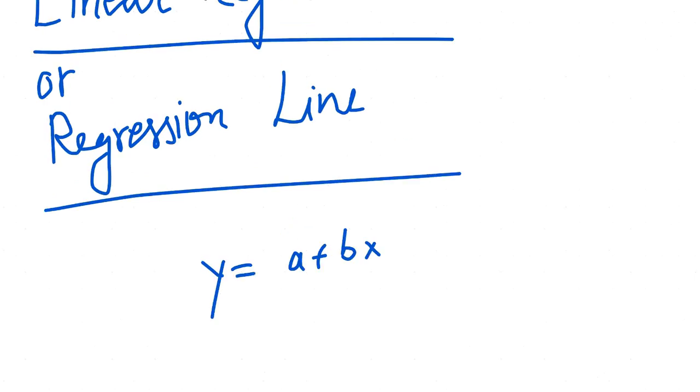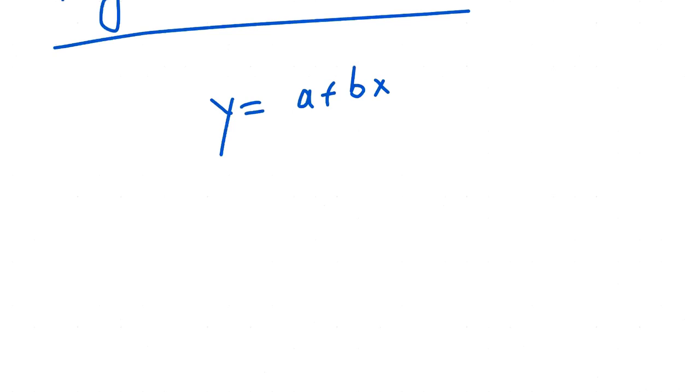This is the linear regression or regression line. Where if they give you data only in terms of standard deviation and regression coefficient, we use the earlier method, and if they do not give you those values and give only data of x and y, then we will use this form.